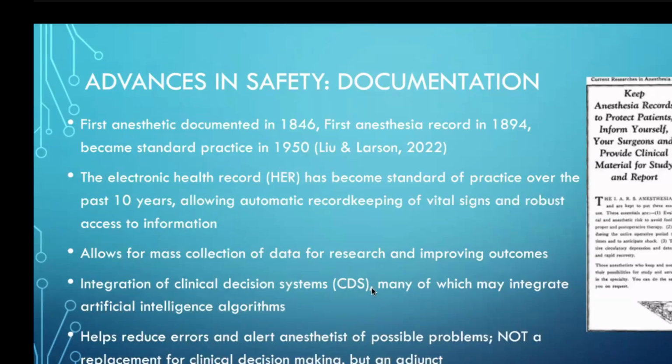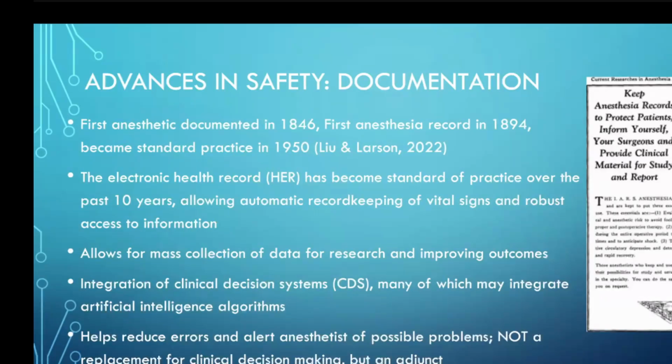And the most recent advances in technology and devices have this thing called a clinical decision system, where as you're performing anesthesia, the health record might give you some safety nudges, like, are you sure you want to give that medicine? This patient might have an allergy to it, or the patient looks like their blood pressure's been low for a couple of minutes. Do you want to do something about it?